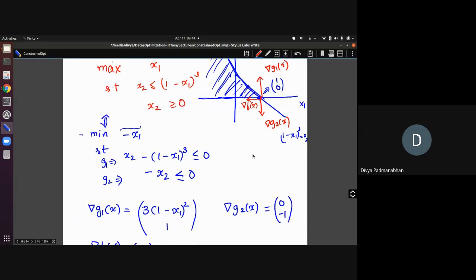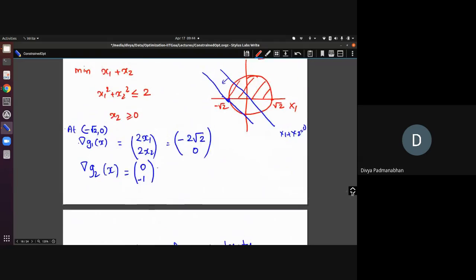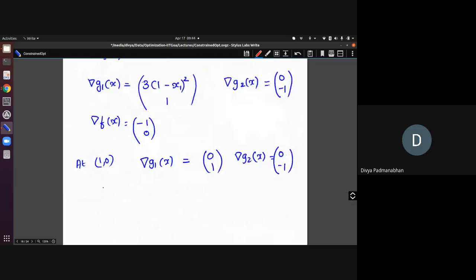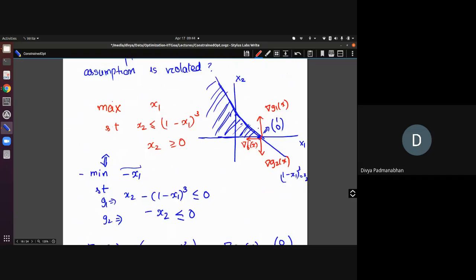Now remember what this Lagrangian condition is telling you. The condition that we have was gradient of f of x plus lambda 1 gradient of g1 of x plus lambda 2 gradient of g2 of x is 0. This is the case because both these constraints are active. At this point, x2 is equal to 1 minus x1 cube and x2 is also equal to 0.